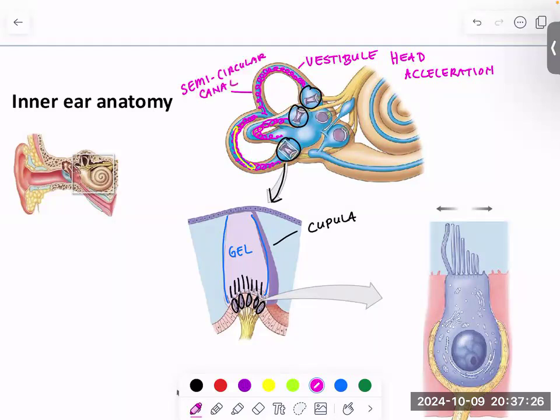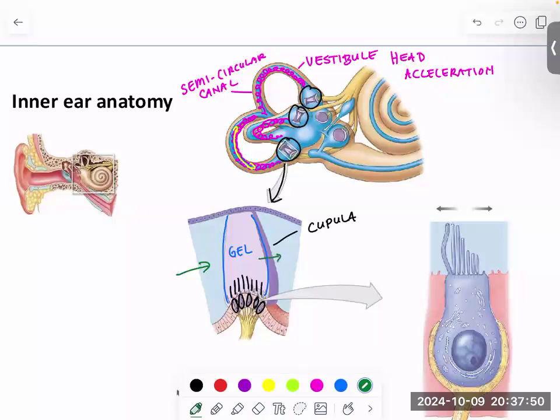There's fluid in there. So when you move, it's going to slosh around based on how you move, how fast you move, the acceleration. So when that fluid gets sloshed and it moves in a certain direction, because you moved your head in a certain direction really fast, it's going to make the gel bend.